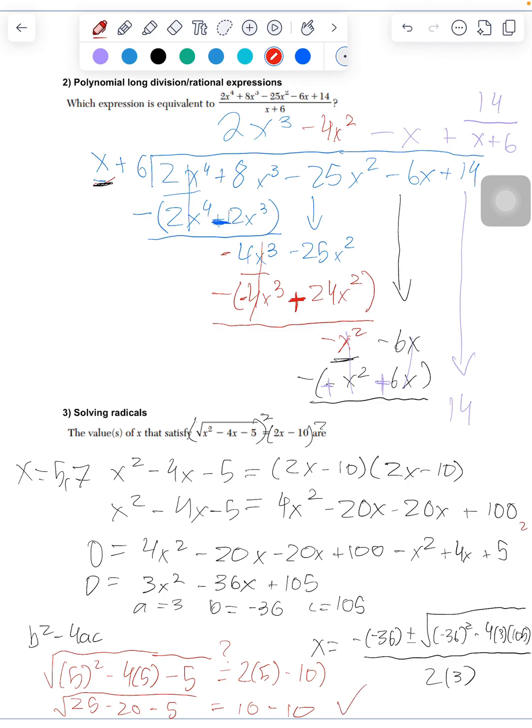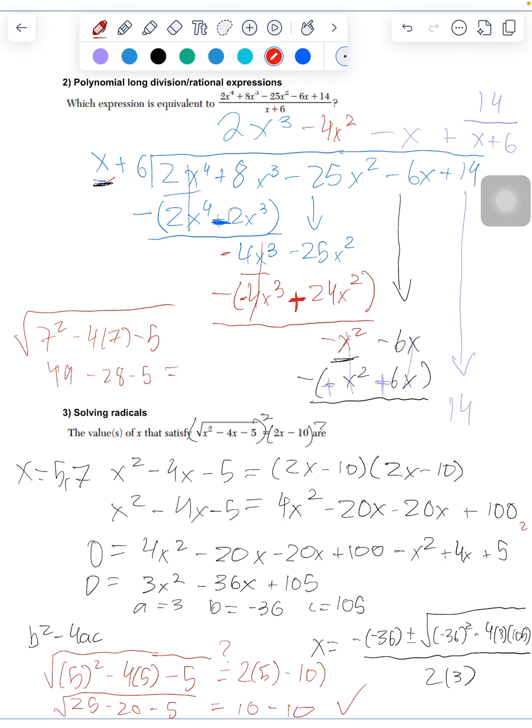So let's also try 7. Let's try square root of 7 squared minus 4 times 7 minus 5. So that's going to be 49 minus 28 minus 5.